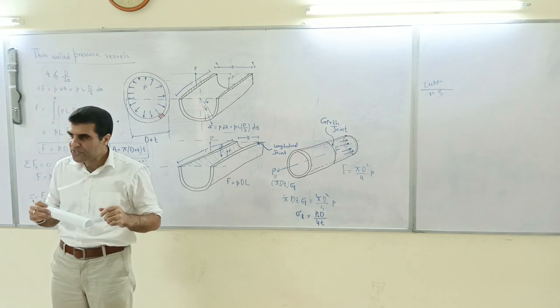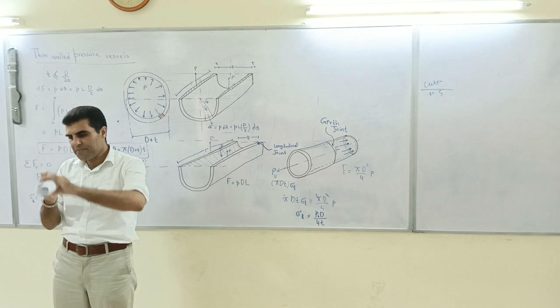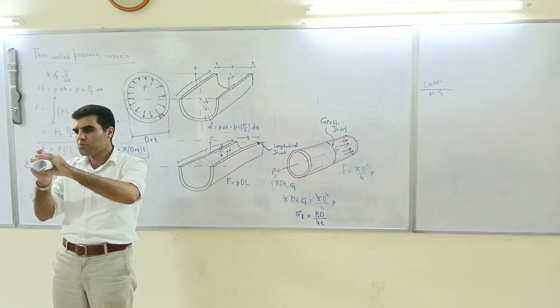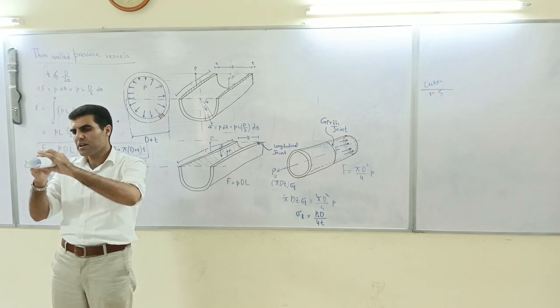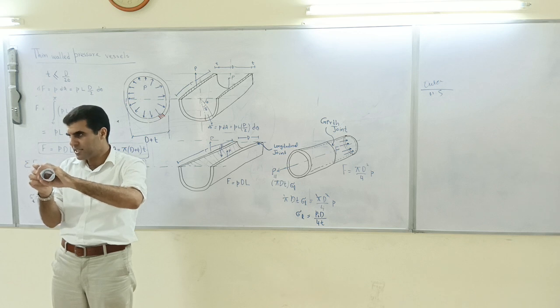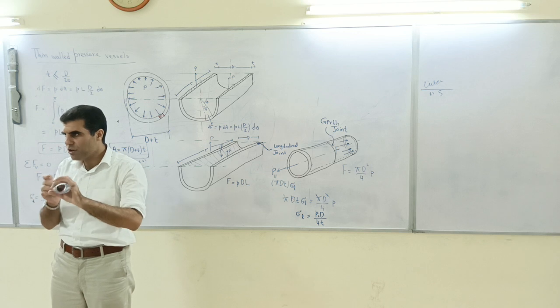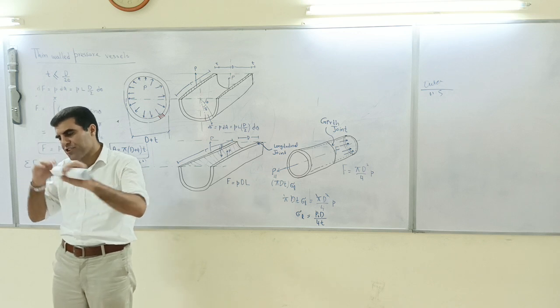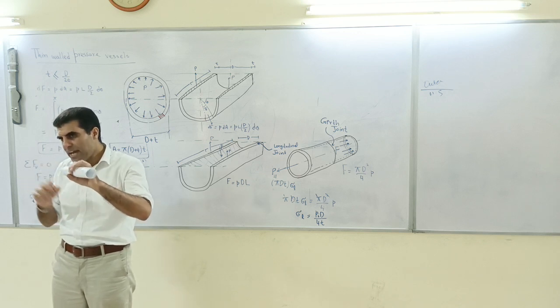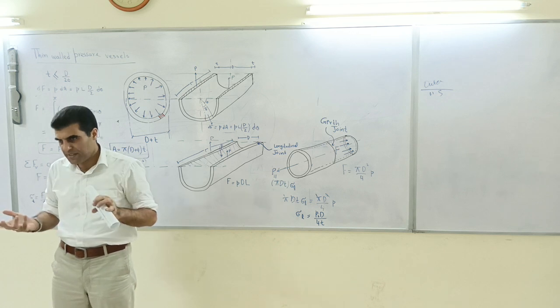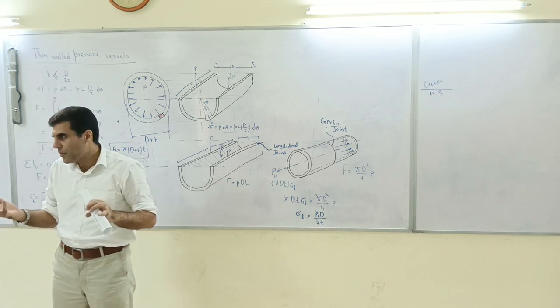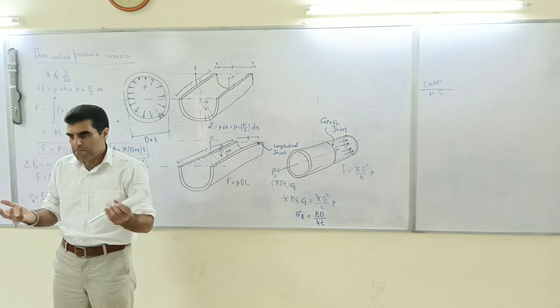And the answer is, for example, if this is a paper and I want to staple it, how many staples would be enough in order to allow the fluid pressure inside? That's what I'm asking. So how would you find that?